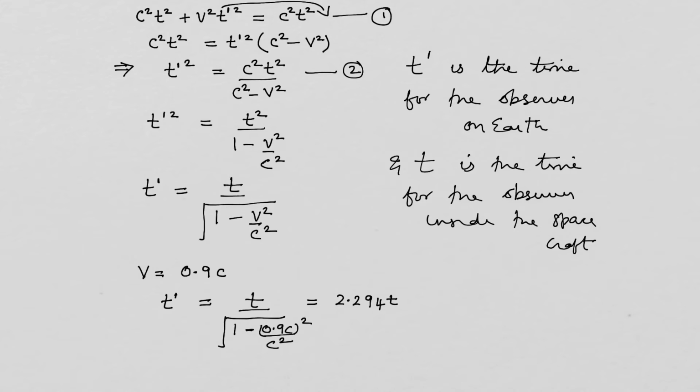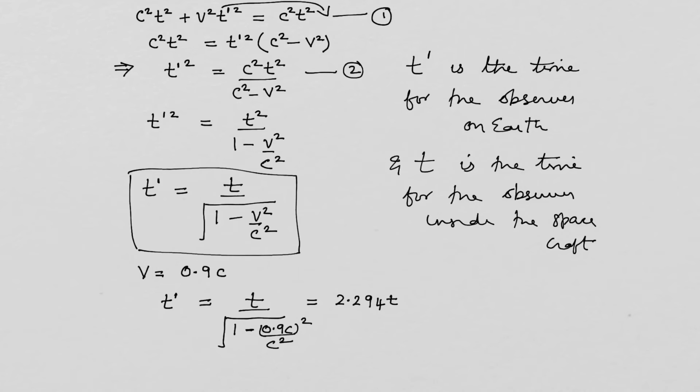Let us see how these two are related. So with a little bit of rearrangement, you divide numerator and denominator with c square, and we have this equation finally, that is T dash is equal to T upon root of 1 minus v square by c square.